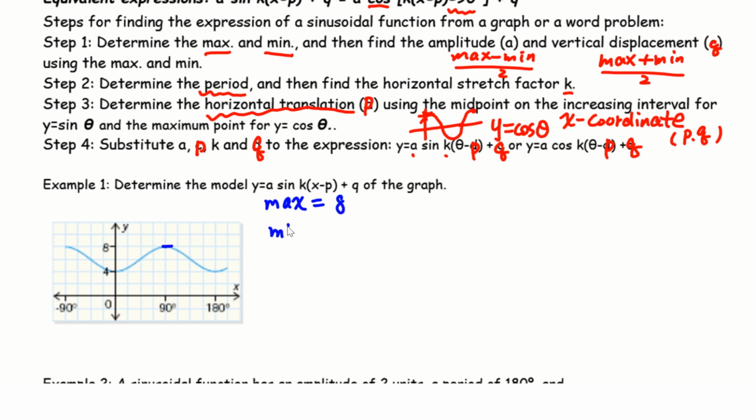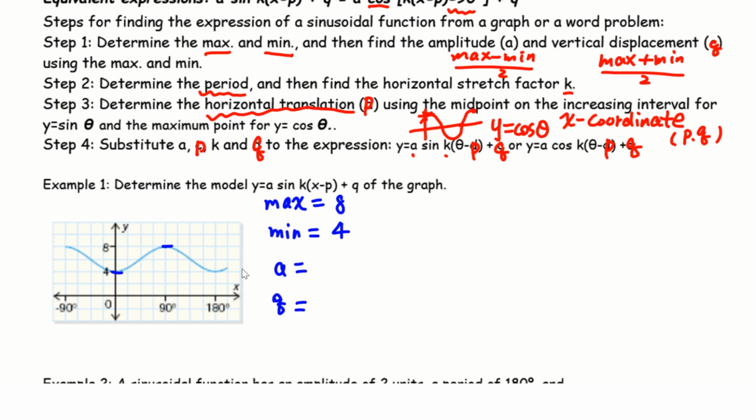The minimum, the lowest point of the graph, is 4. After that, we are able to find the a value and q value. The p value we are going to read from the graph.